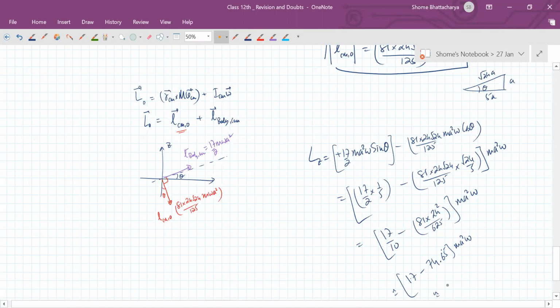So it comes close to about 73 ma square omega. This kind of term it comes to.